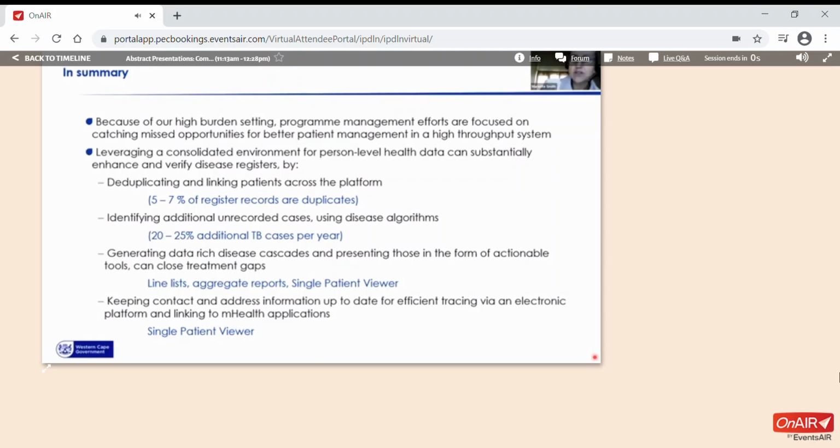So in summary, because of the high burden setting, efforts are largely focused on catching missed opportunities for better patient management. Our consolidated data environment can and indeed has greatly improved on individual disease registers by deduplicating and linking patients across the platform, by identifying additional cases not previously reported in those systems using our disease algorithms, and by presenting data in actionable format to close treatment gaps for clinicians.